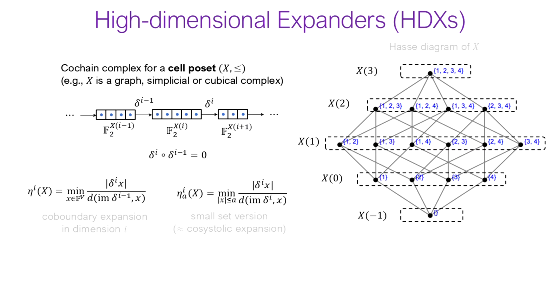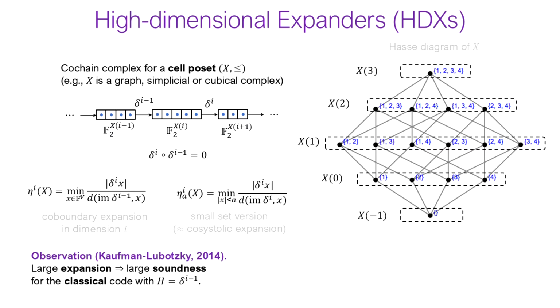And this small set version kind of corresponds to what is called cosystolic expansion. This is maybe a more modern term for it, I would say, that is often used especially in the context of quantum codes.